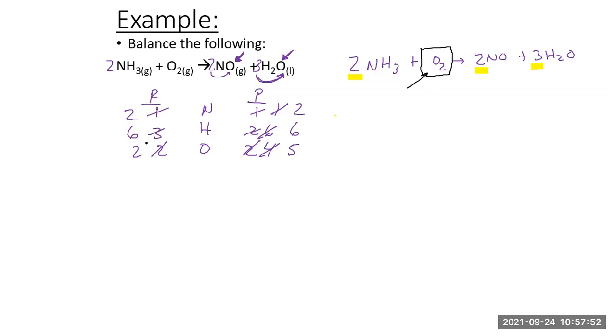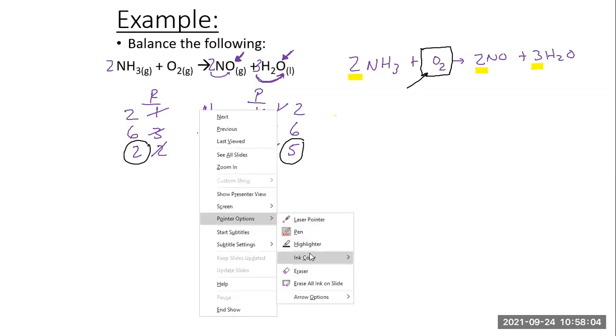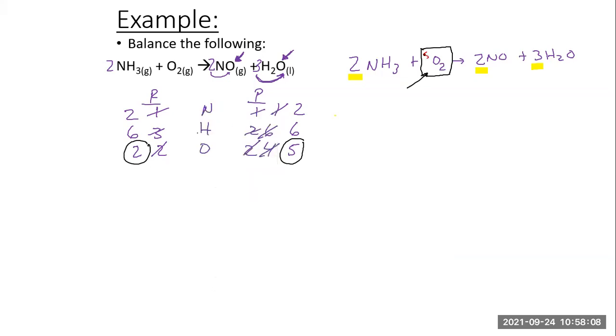So we essentially need to turn that 2 into a 5. And how can we turn a 2 into a 5? Well, one way you could do it is you could use a fraction to balance it. And you could do something like 5 divided by 2.